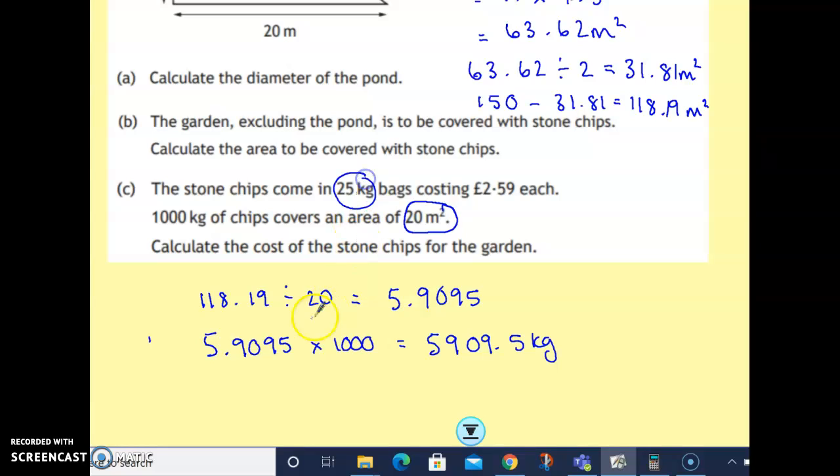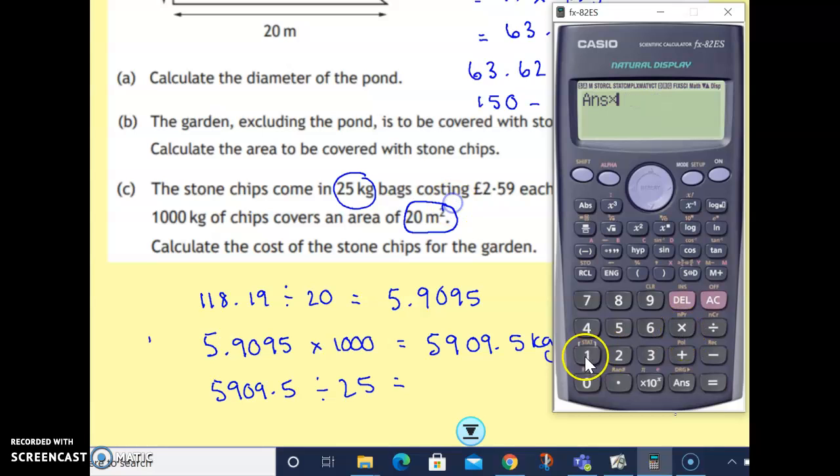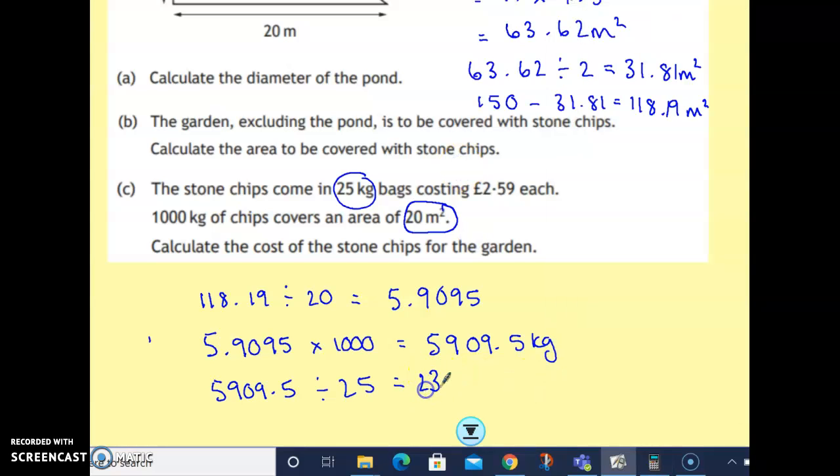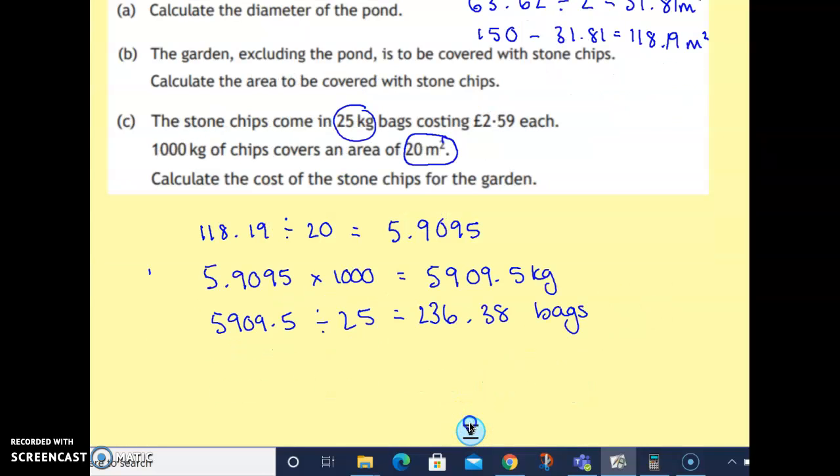Each bag has 25 kilograms in it, so I need to divide that by 25, which is 236.38 bags. Now you can't go into a shop and ask for just 0.38 of a bag. And if we just used our normal rules of rounding, we'd have 236 bags, which wouldn't be enough.